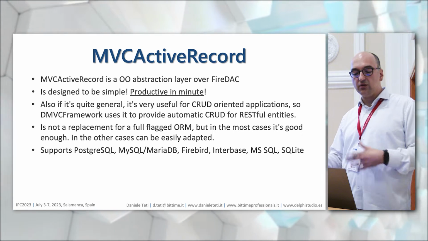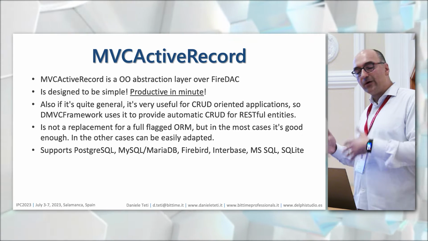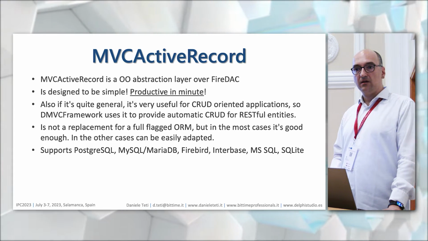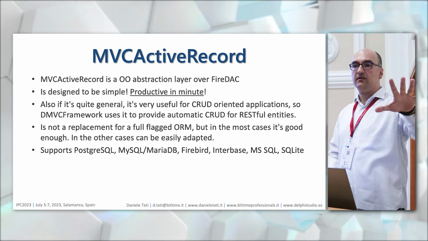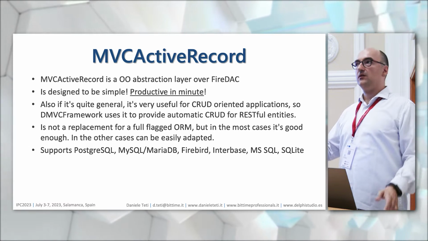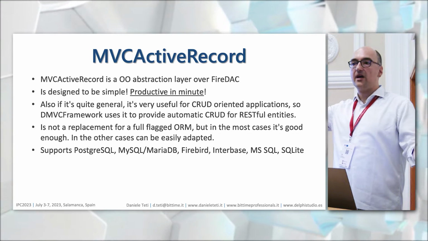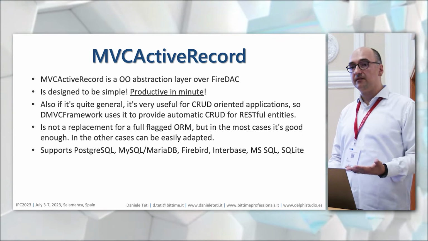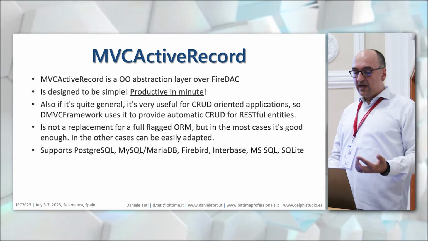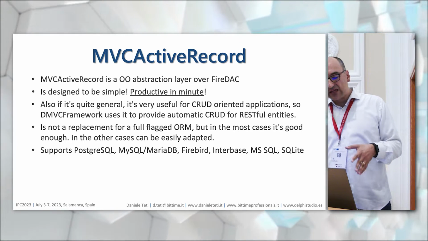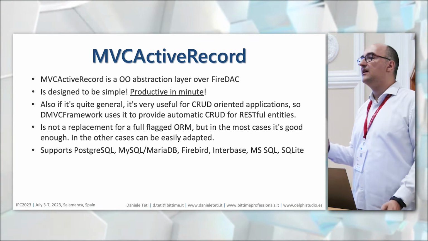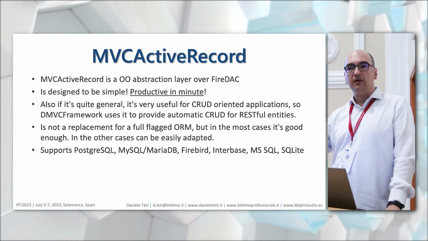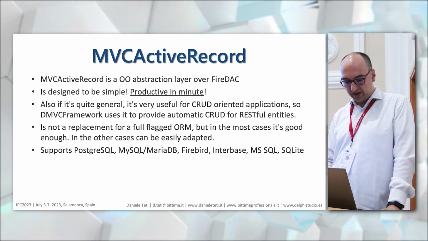So the MVC framework uses it to provide automatic API generation for your entities. Once you have defined your entities, you can just publish them, and you have an API. It is not a replacement for a full-fledged object relational mapper, but in most cases it is good enough, and in the remaining cases it's simple to reach the same level of detail as an ORM could.